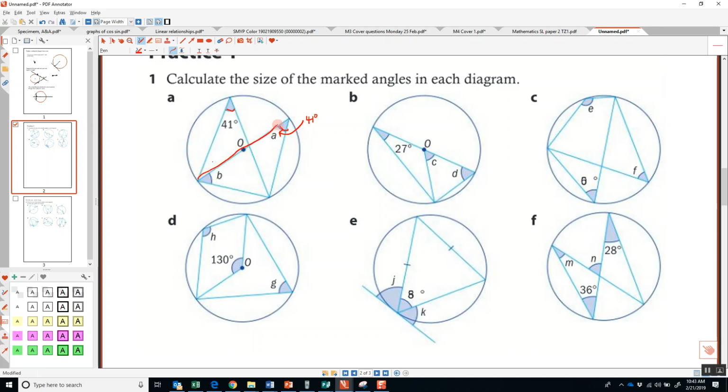You recognize this is the diameter. It's connected to two chords that meet at right angles. So if this is 90, this is 41. Add them together. Subtract from 180. And you get 29 degrees.